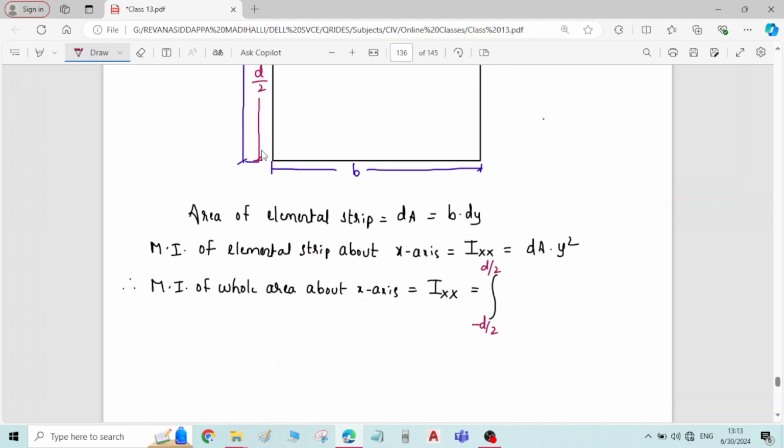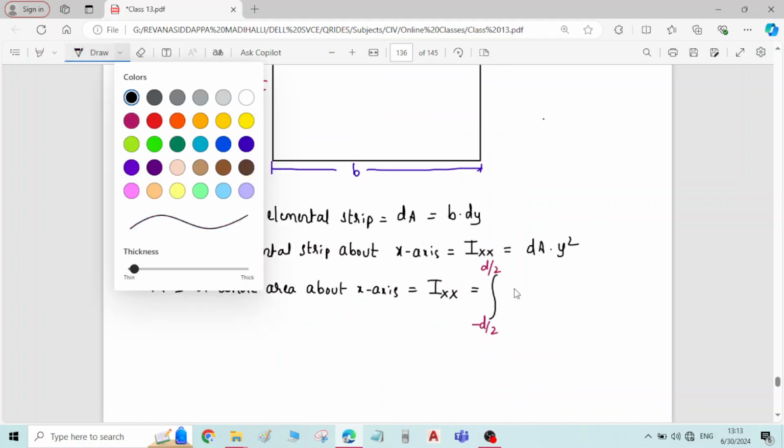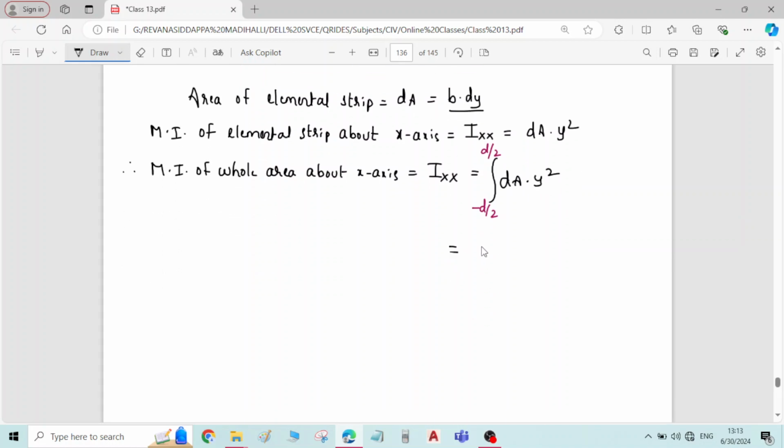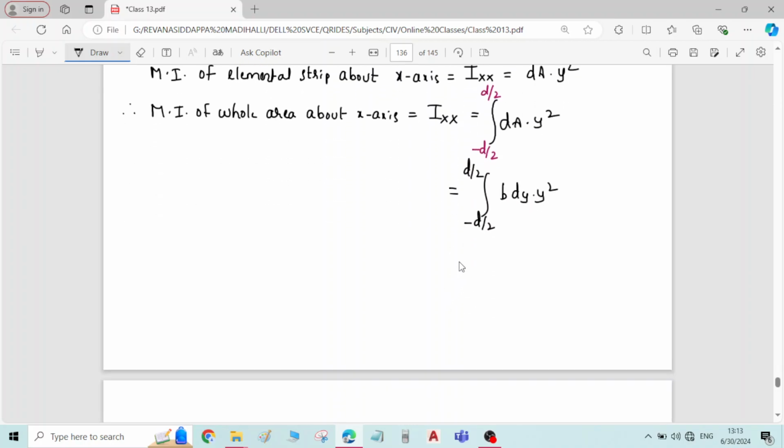Ixx is the integral of dA into y square. dA is b into dy, substitute. Therefore limits from minus d by 2 to plus d by 2, dA is b into dy into y square. b is constant, take it outside the integration, integral from minus d by 2 to plus d by 2 of y square into dy.